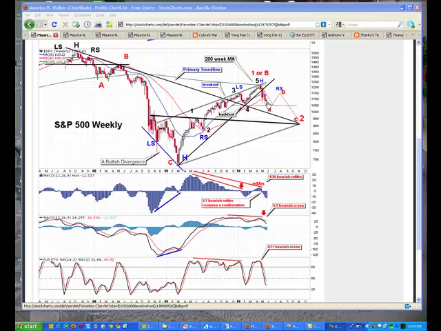As you can see by this candle that we just put in, we now have two consecutive closes below the red 40-week moving average. The 40-week moving average is also the 200-day moving average on the daily chart. This is the first time this has happened since the March low of 2009.